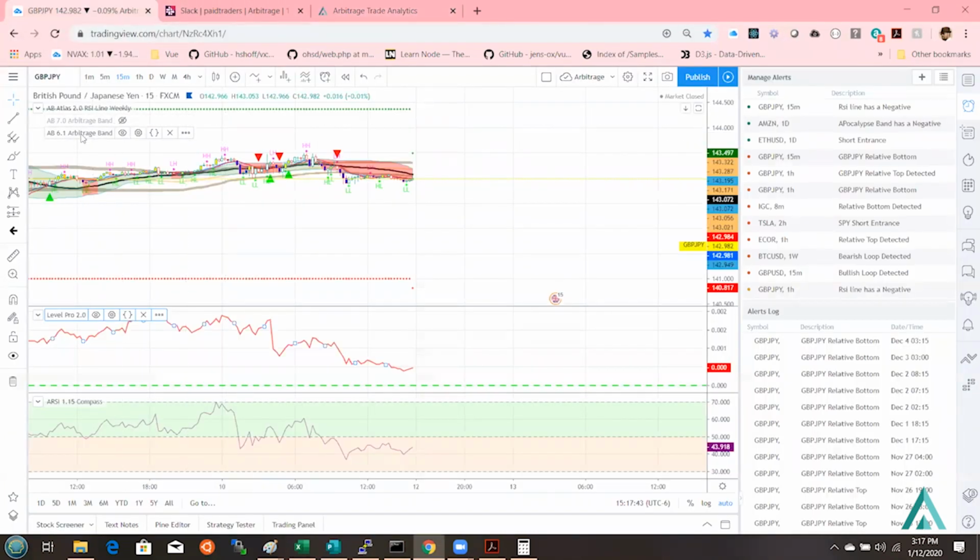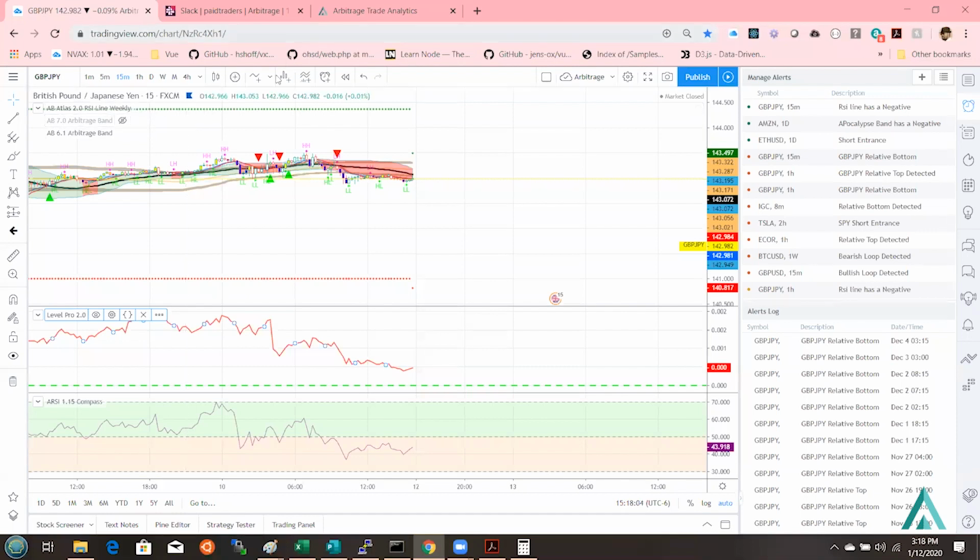To add and remove indicators, so for example, I am beta testing version 7 of Arbitrage Band, which adds another band and adds a couple of new features. But currently, you guys are sitting on version 6.1. So when the new version comes out, version 7, the major release, you'll get the additional information.